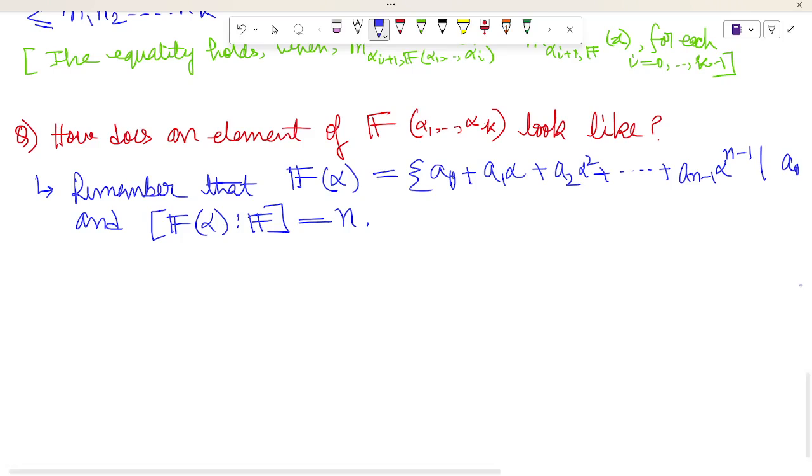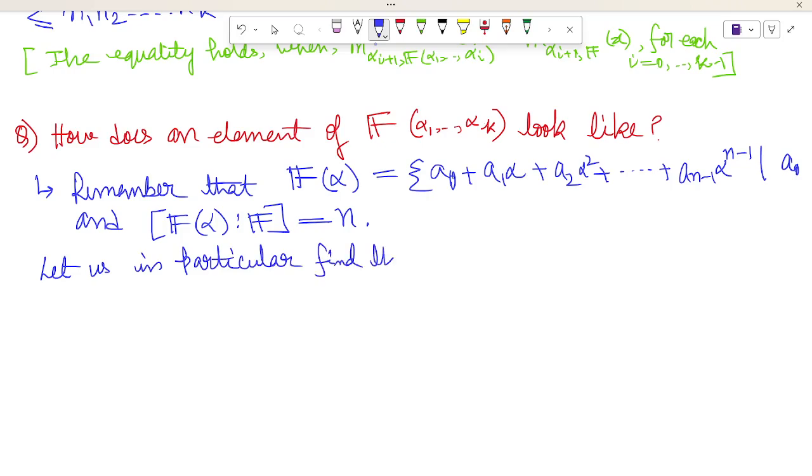We'll use this inductively to get this. For example, let us in particular find the orbiter. Okay, so in particular, if I can do this, you can do it inductively.